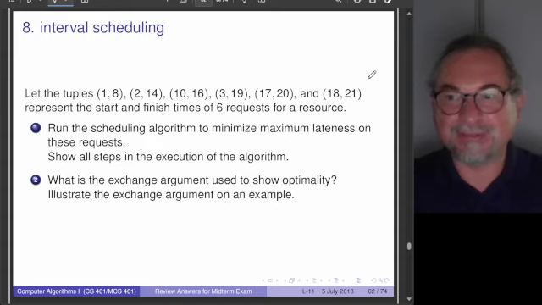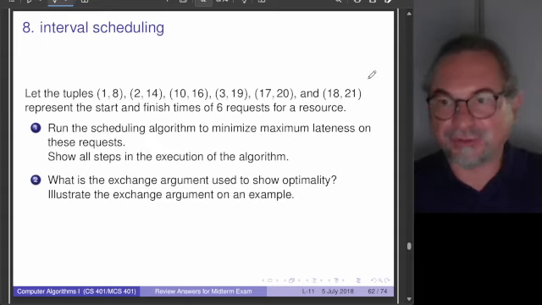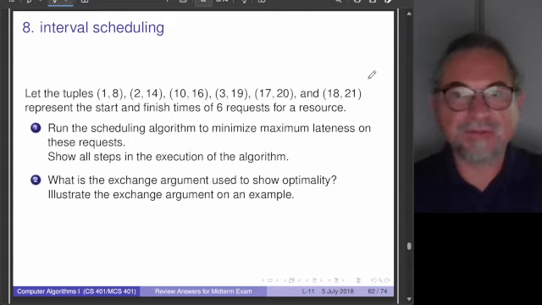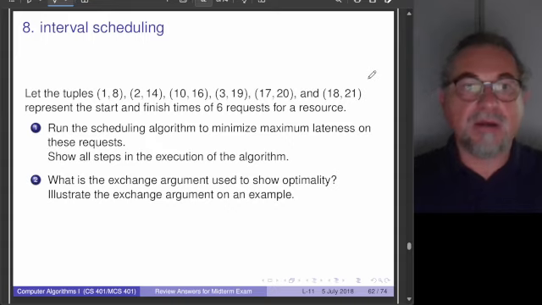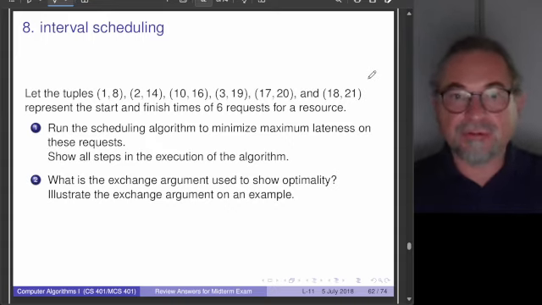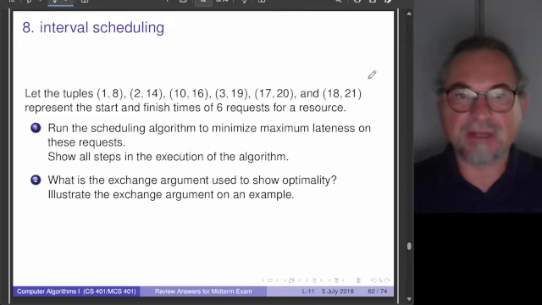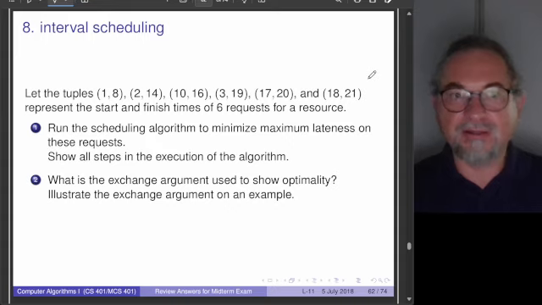This is a discrete course, discrete problems, discrete algorithms, so the times are very nice integer numbers. We want to schedule those requests on our resource and to minimize the maximum lateness.